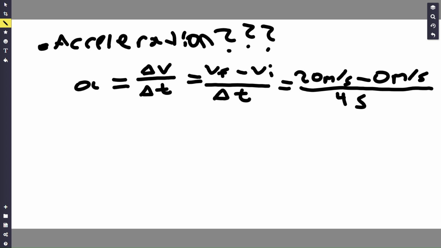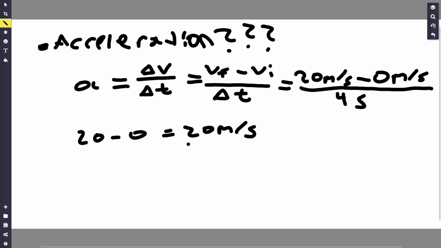So now we calculate. 20 minus 0 is obviously 20 meters per second, all over 4 seconds. 20 divided by 4 is equal to 5 meters per second squared, because we actually have 2 seconds.